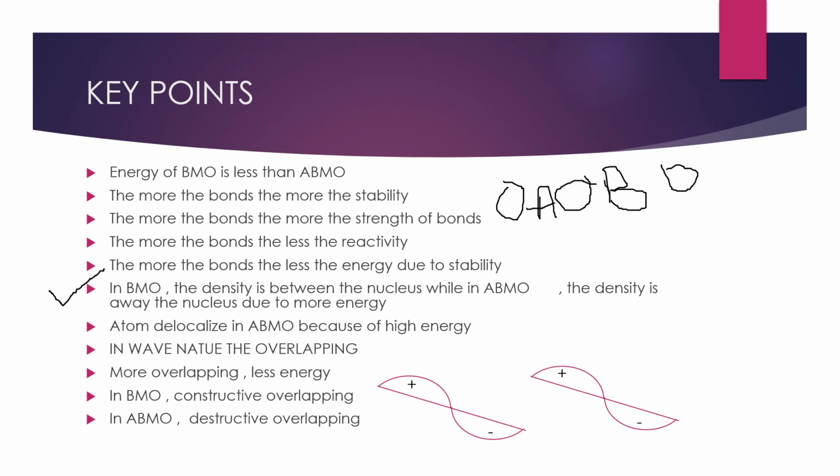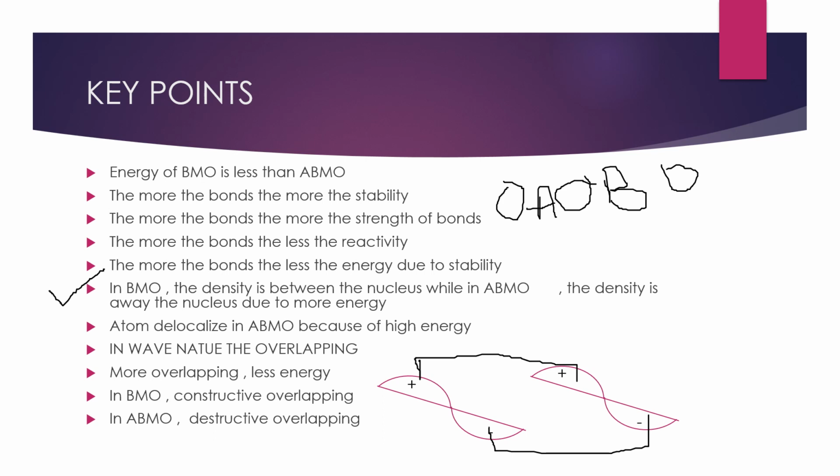In the wave nature of overlapping, overlapping can take the form of dumbbells or circles. It can be in the wave nature also. So in the wave nature, the overlapping will be constructive and destructive: from positive terminal to positive terminal and negative terminal to negative terminal, it would be constructive.